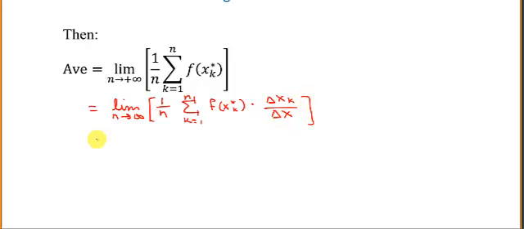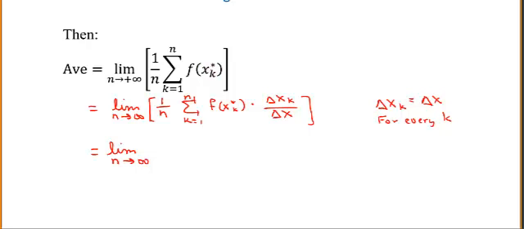So this would be equal to the limit as n goes to infinity. And maybe I should put a little note up here that all the delta x sub k's are equal to delta x for every k. And remember, that made sure that we were spacing out evenly the sample points where we were calculating the x sub k stars.